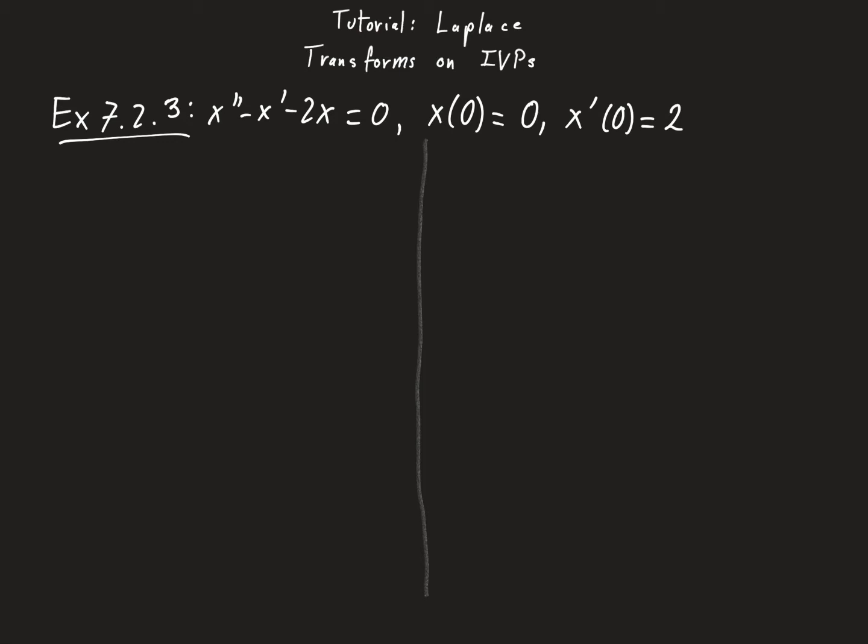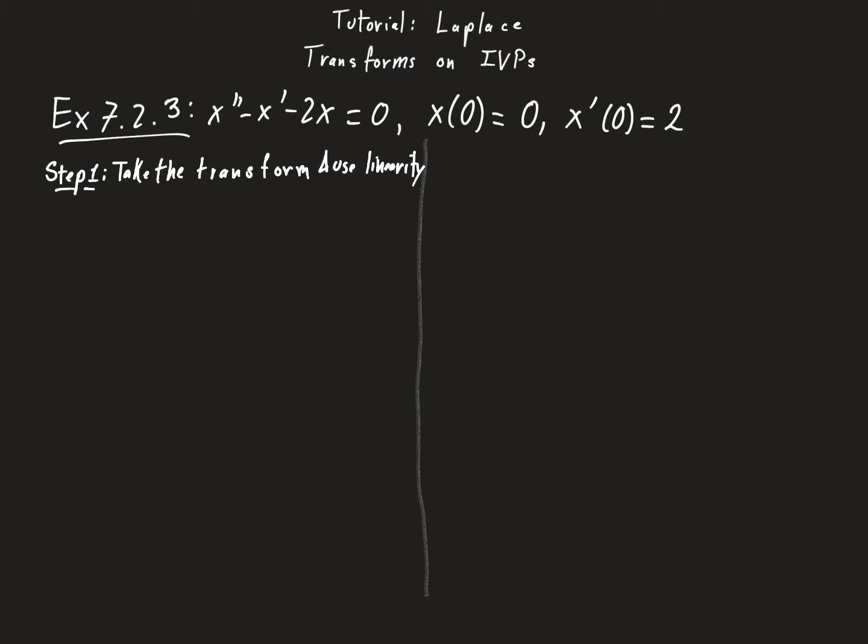Now, the process of doing this is always the same. So the first step is to take the transform and use linearity. Now, what do I mean by this?